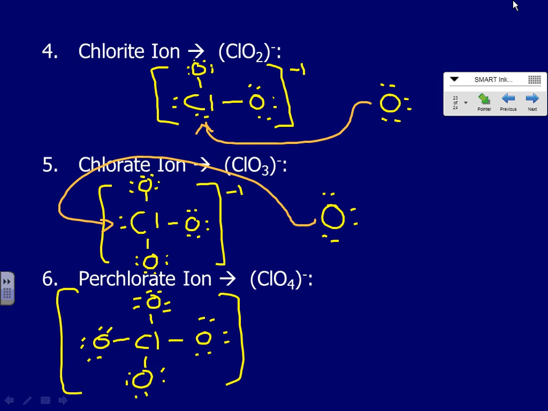Again, the charge is still -1. I don't know if you guys noticed that, but the charge on all of these ions, chlorate, perchlorate, chlorite, is -1, just like the charge on a chloride is -1. And now we know why, because as we add the O's, it doesn't change the charge.